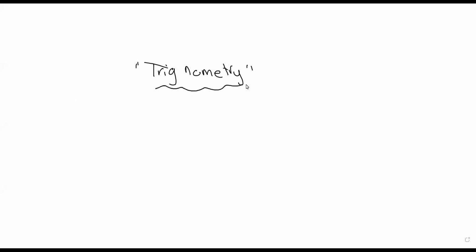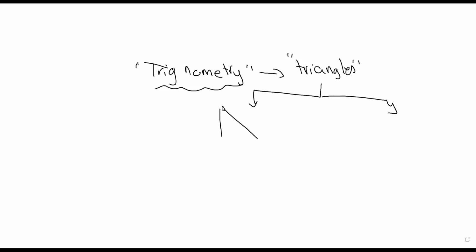Now, what is trigonometry? Trigonometry is the part of math that deals with triangles. In other words, it is the geometry of triangles. Triangles mainly classify into right-angled triangles, which is mainly what we are going to discuss today.